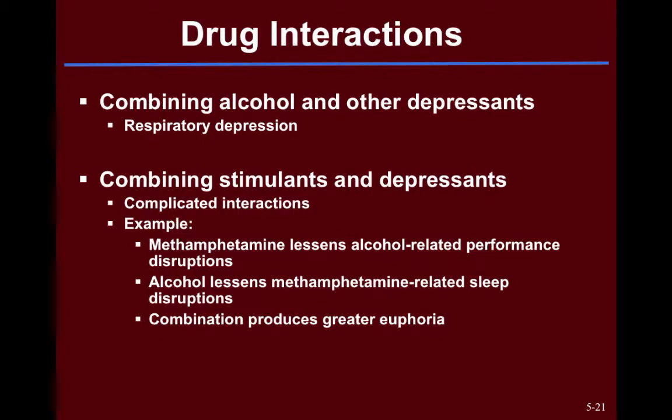So when we put those together, rather than seeing people even out to a steady rate, we actually see a greater euphoric response than we would see from using either one of those drugs by themselves. So it's very complicated, and of course many people who abuse drugs end up abusing multiple drugs, which can lead to very complicated health problems as well.